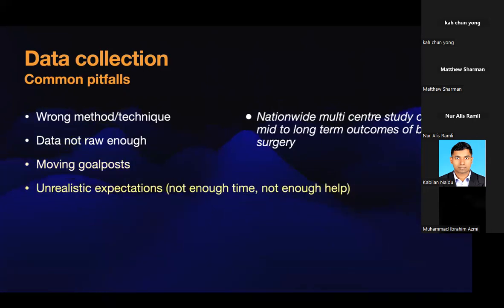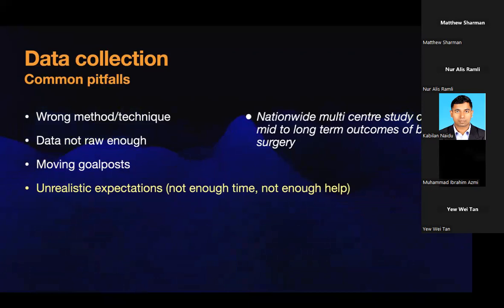Unrealistic expectations, not enough time, not enough help. Okay, this is so common, right? So let's say you want to do a nationwide multi-center study on mid to long-term outcomes of bariatric surgery. Okay, so then you have to think, what does mid-term mean? What does long-term mean? If you want to do something that's nationwide and multi-center, how long is it going to take?